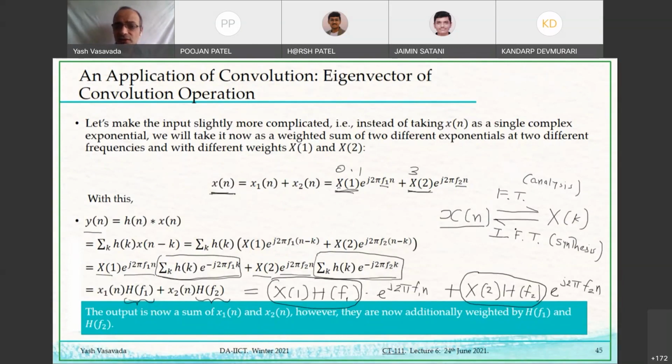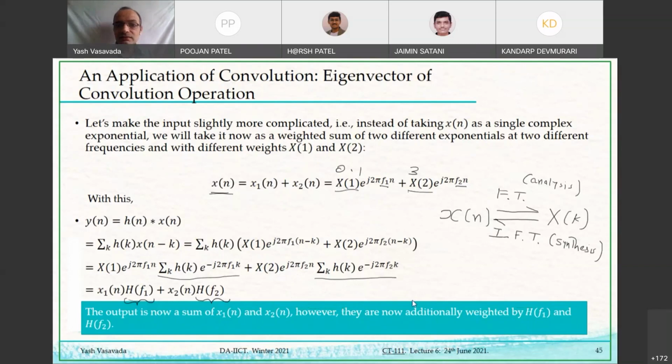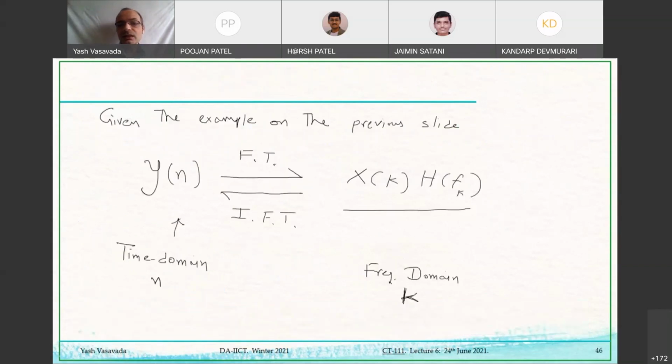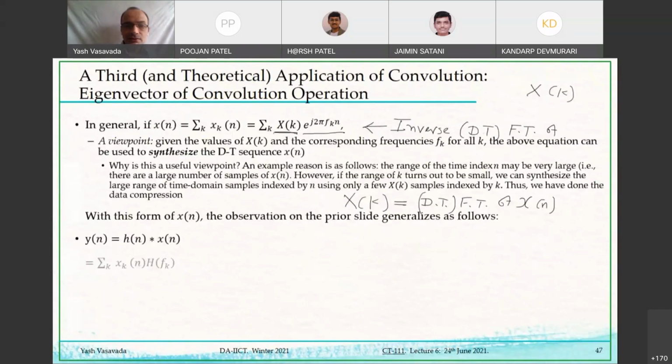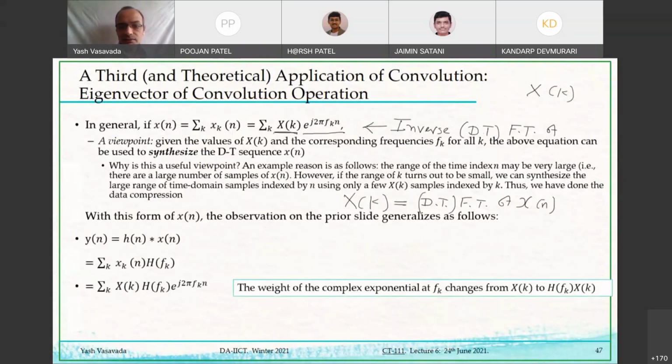But these weights are the Fourier transform themselves. So the weights are x of k times h of fk. And that is generalized here. The weight of the complex exponential changes from x of k to h of fk times xk once I pass this input x of n through the linear shift invariant system whose impulse response is h of n.